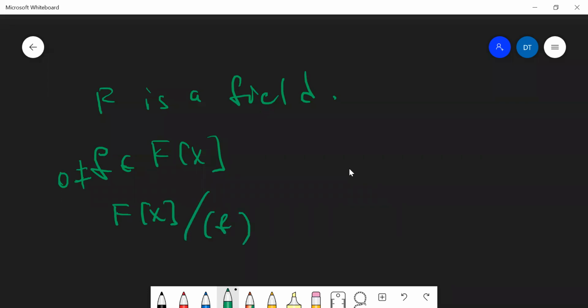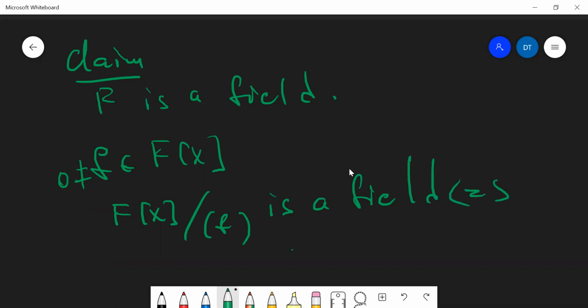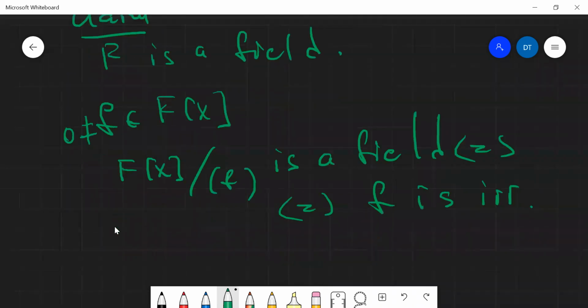So let me say this as a claim. This guy is a field if and only if f is irreducible. But this is the same claim as for the integers, where we know that the remainder ring for the integers is a field if and only if the number here is prime.